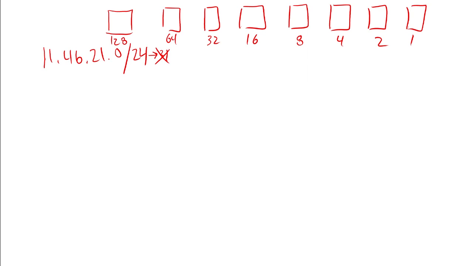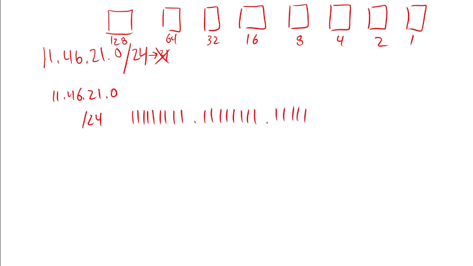We're going to write this out in binary. And so we know our 24 is 1, 2, 3, 4, 5, 6, 7, 8. Now to get 11, you do 8, 9, 10, 11.